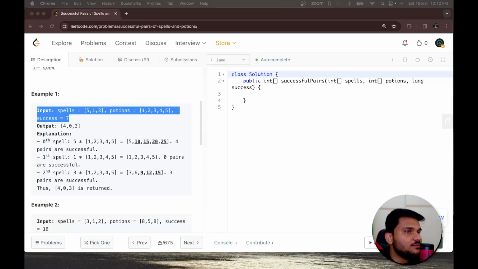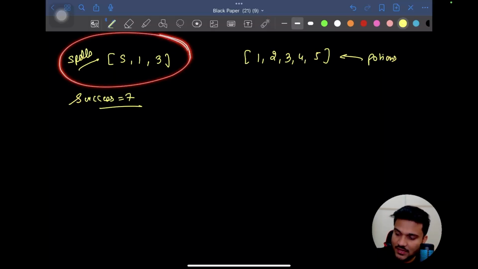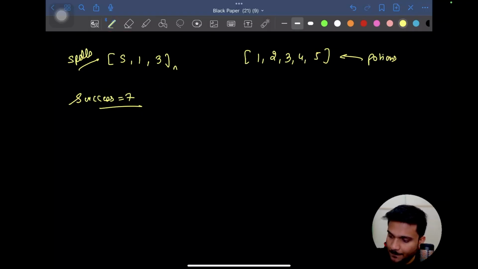I hope the problem statement is making sense to everyone. Now, in order to understand this question, you can see you have been given a spells array of length n, a potions array of length m, and an integer value success.